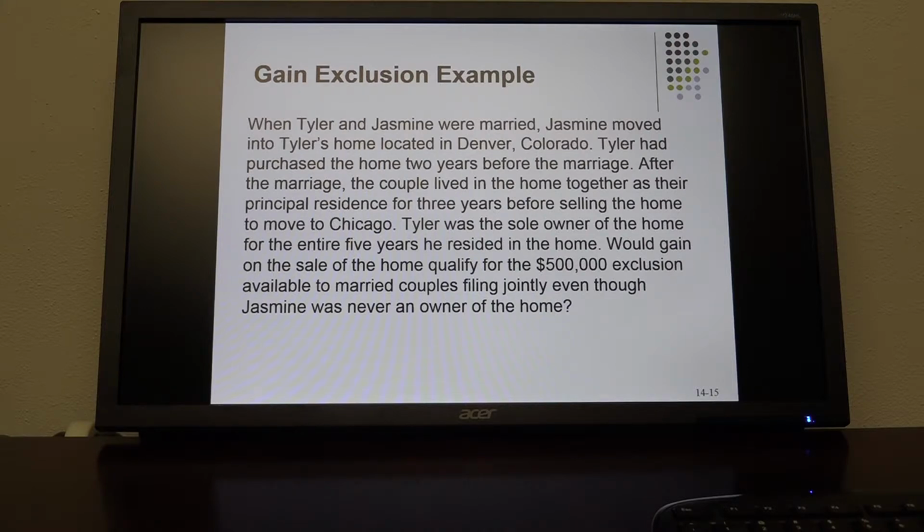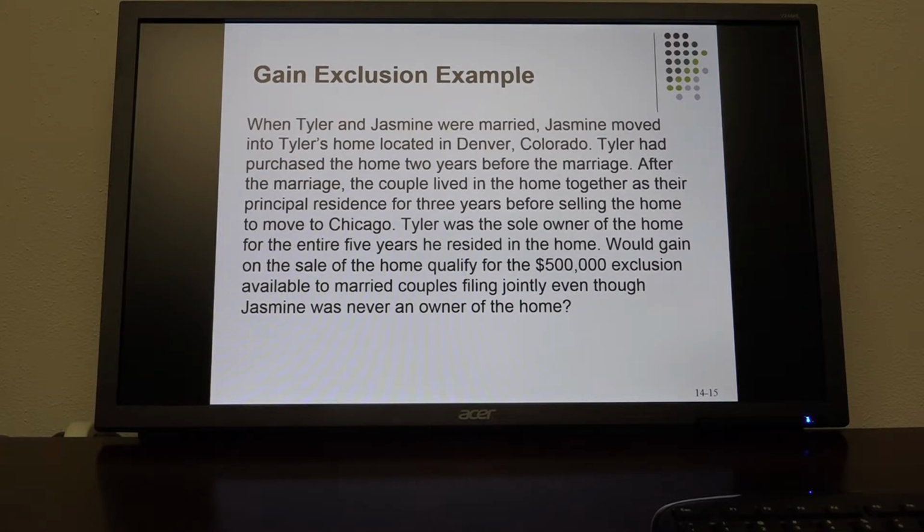Tyler was the sole owner of the home for the entire 5 years he resided in the home. So we have at least one of the taxpayers meeting the ownership test. And because they both lived in the home 3 years, they meet the 2-year use test.